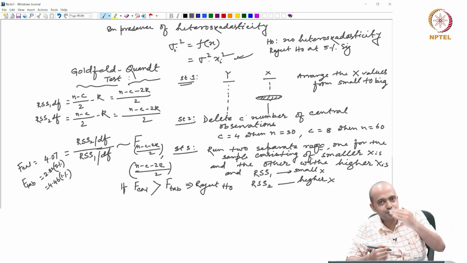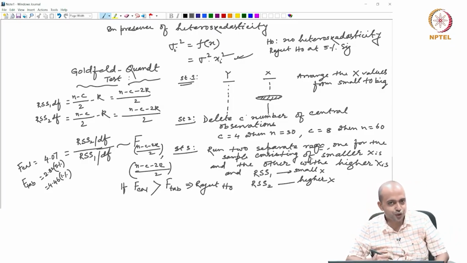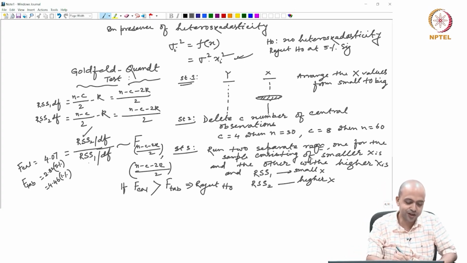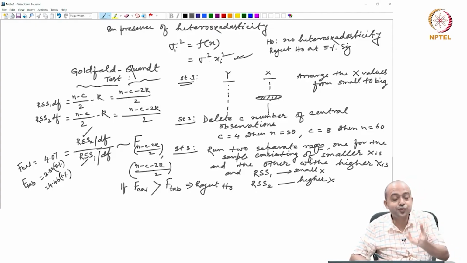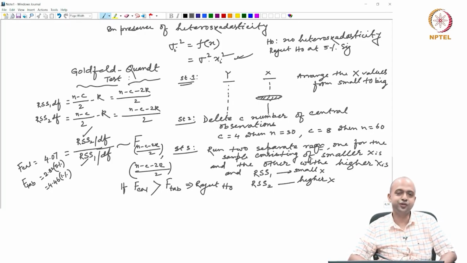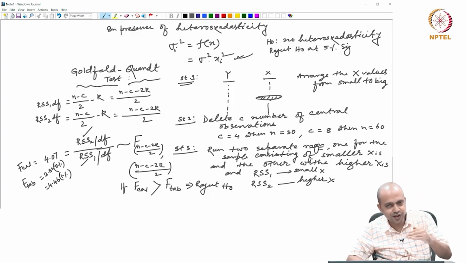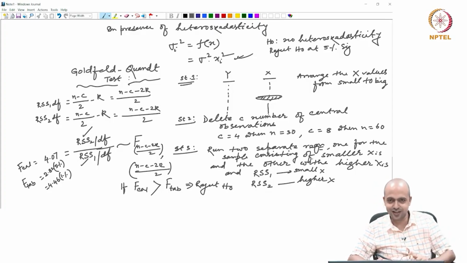First you have arranged the data from small to big, and then we delete the central observations so that my RSS2 becomes significantly different from RSS1. The higher the difference between RSS2 and RSS1, the higher the probability of getting evidence for heteroscedasticity, because we assume that the error variance is not constant, rather it increases as x increases.